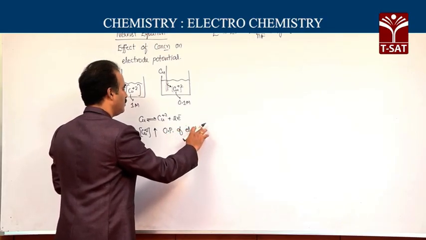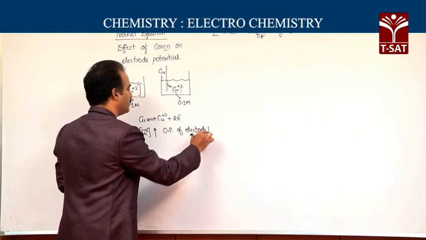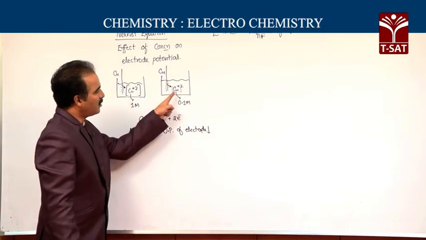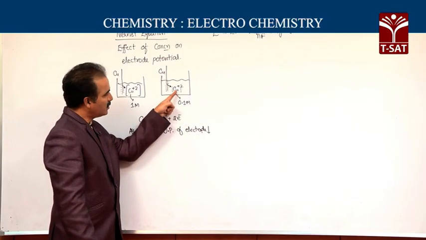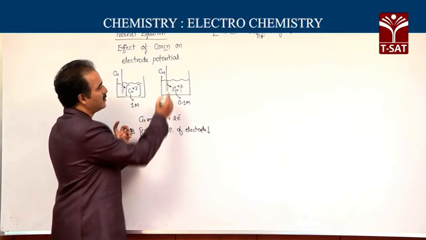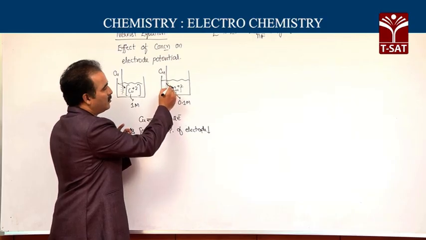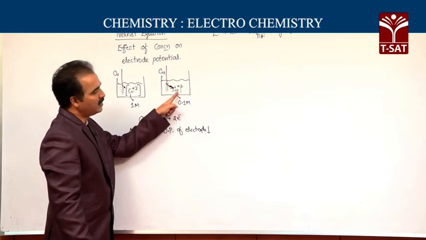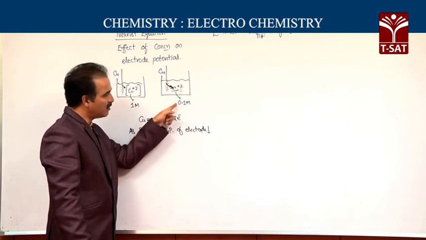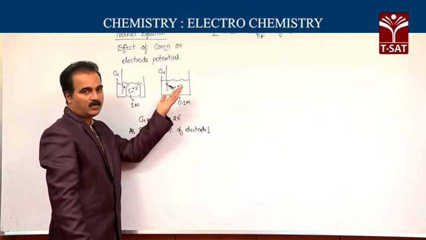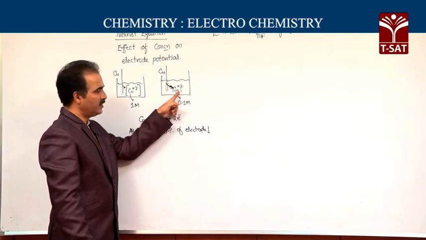Or otherwise you see, here the copper plus 2 concentration is lesser than earlier. Once there are few copper plus 2 ions, the ability of copper to go into solution is better, meaning copper oxidation potential is somewhat better. So the lesser the concentration, the greater the scope for the metal to undergo oxidation.